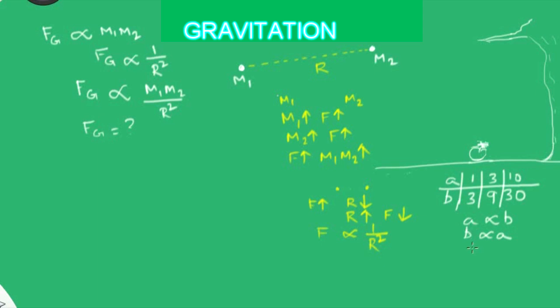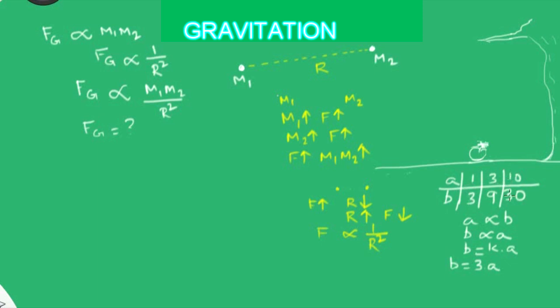But science doesn't only depend on intuitions. We quantify things in science. What exactly is B equal to, what times A? In this example, I have taken B to be exactly 3 times A. So whenever A is 1, I get B equal to 3.